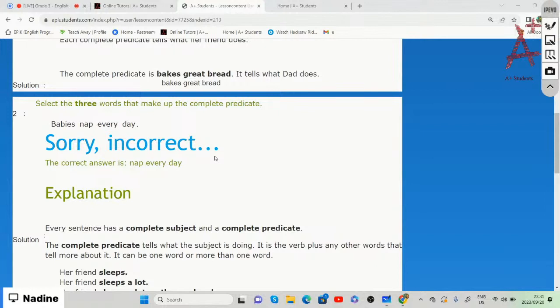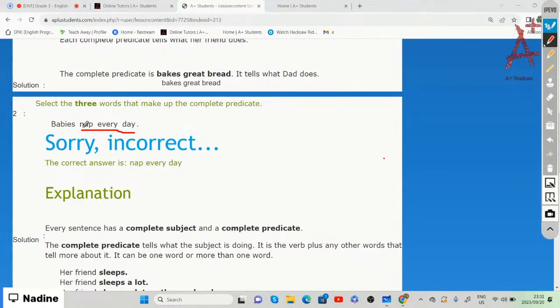It's a verb plus any other words that tell us more about it. And if we select the 3 words, then we will say nap every day. That is our predicate.